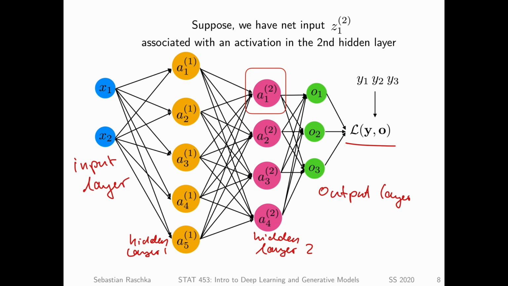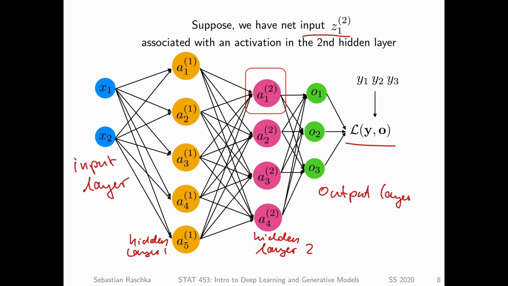So suppose we have now a net input in the second hidden layer. The superscript here denotes the layer index of the hidden layers. So the first hidden layer has the index 1 and the second hidden layer has the index 2.